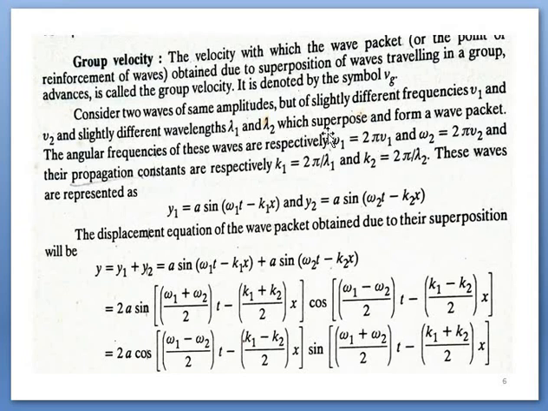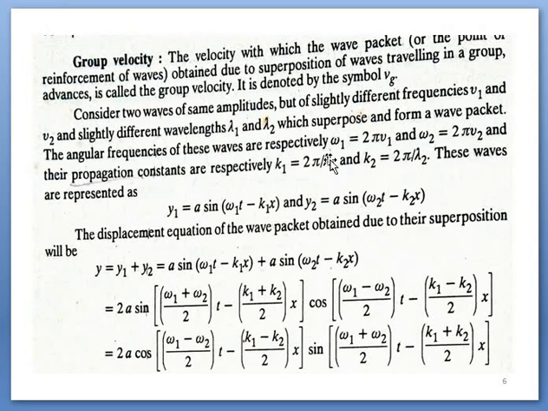By the superposition of them, we have a wave packet, and the velocity of that packet is called the group velocity. And the velocity of the individual superposing waves is known as phase velocity. So phase velocity may differ for different waves, but group velocity will be a single value, since that is obtained due to the superposition of those waves.